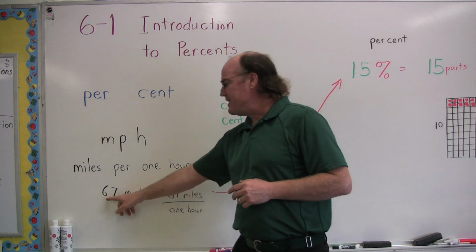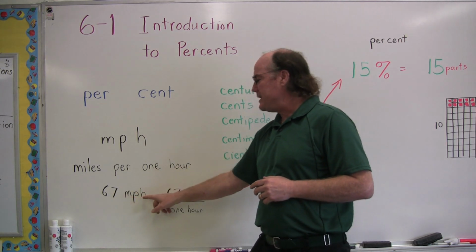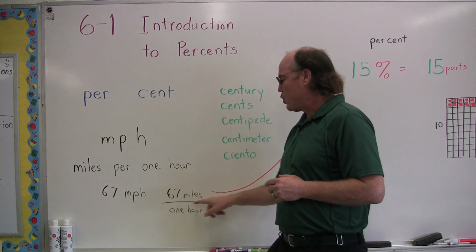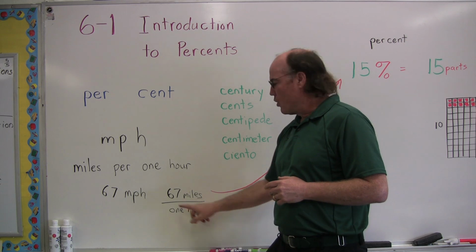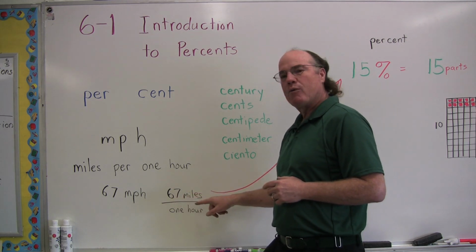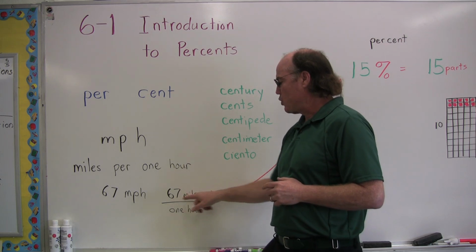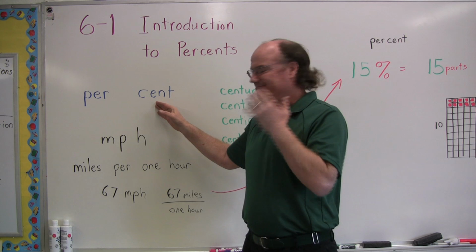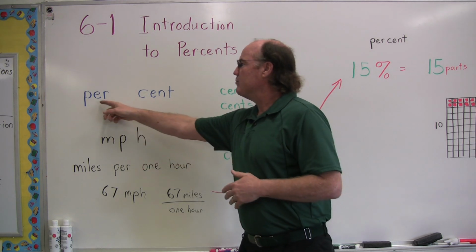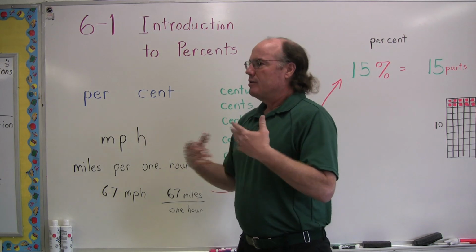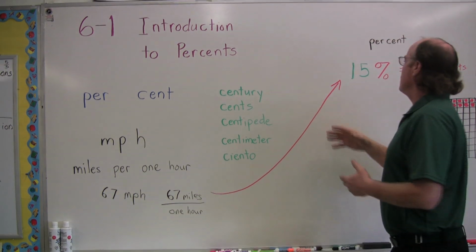So if we were at 67 mph, that was 67 miles per 1 hour, where the per meant that fraction bar right there. Well, percent is basically kind of like a rate. For every 100 parts, how many parts do we have?